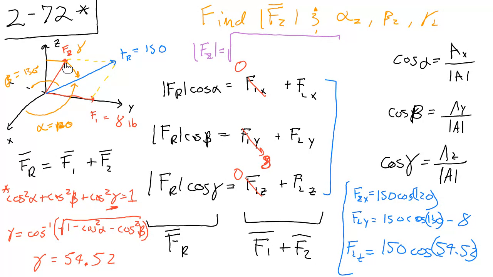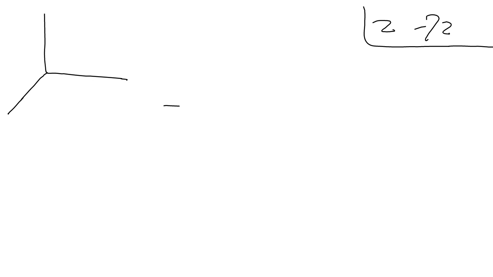So I'm actually just going to clear all this. Okay, so again, we're doing number 72. We're basically in the home stretch of it now. This is F2. This here is F1. We added those up.